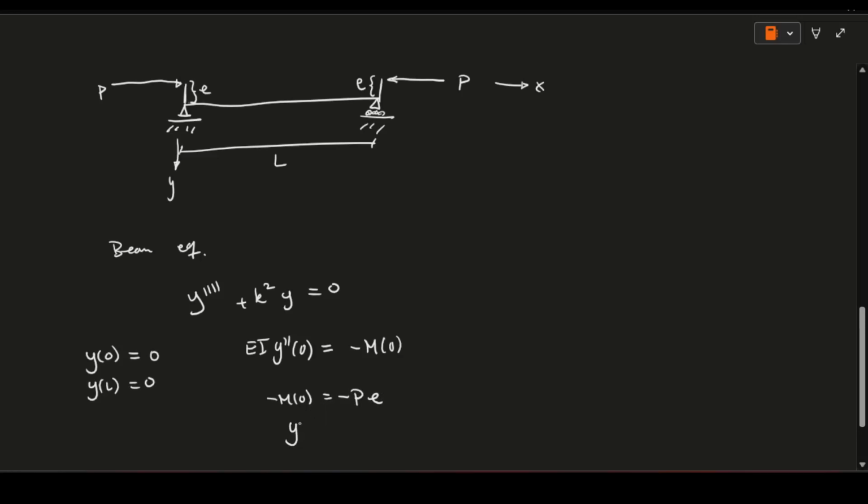In other words, y prime prime at 0 is equal to minus k squared E. Likewise, we know that EI y prime prime at L is equal to minus M at L. That is P times this E, and the double derivative at L is therefore equal to minus k squared E.